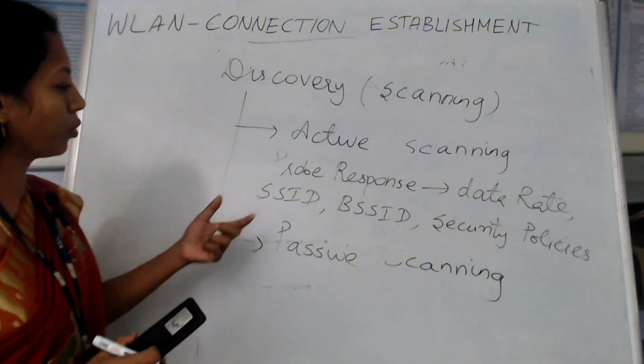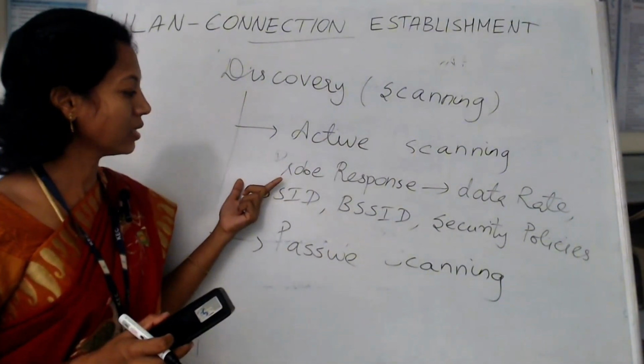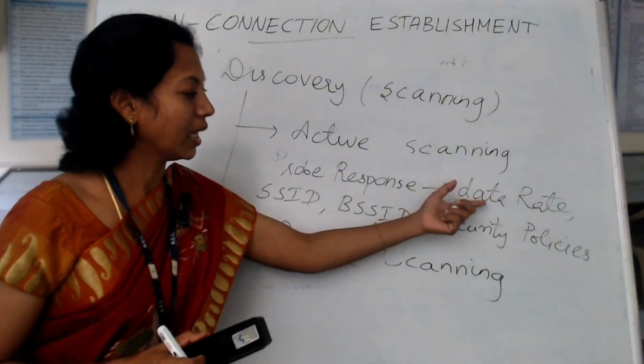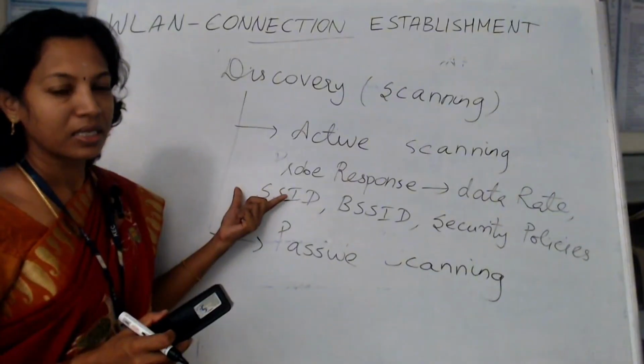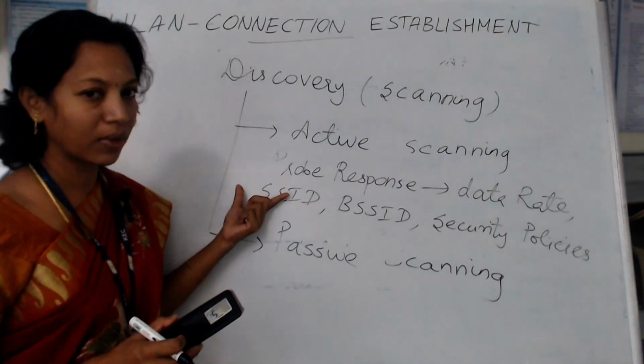So the access point will send a probe response to the client. The information contained is the supported data rate and the service set ID. SSID stands for service set ID, that is the network name.